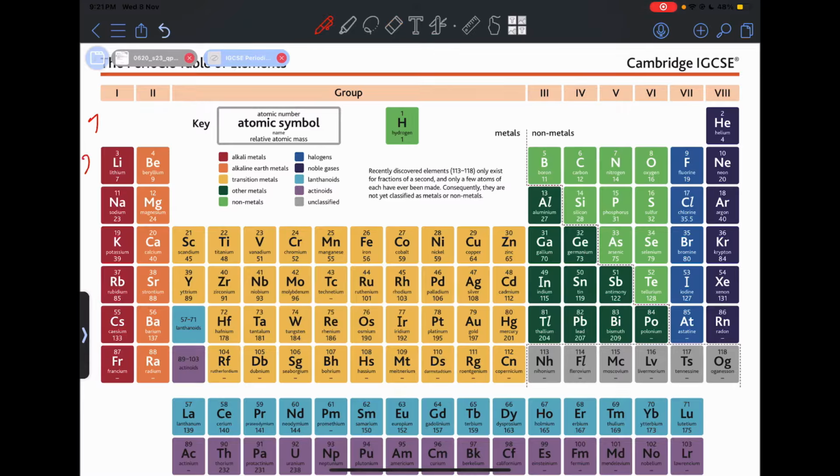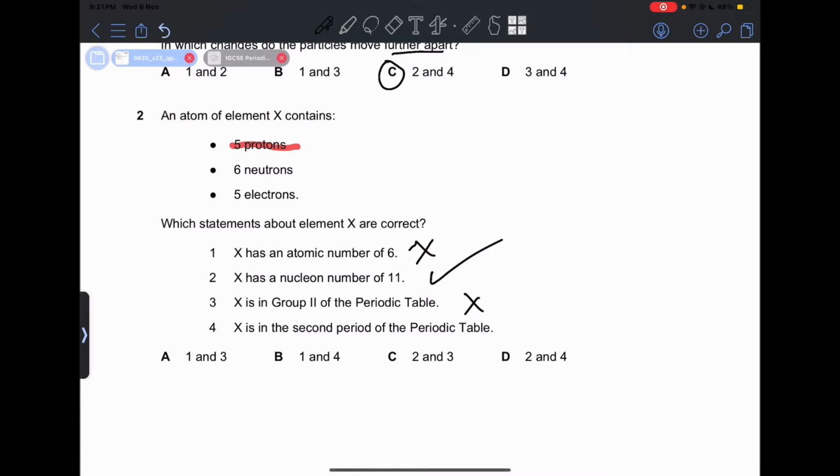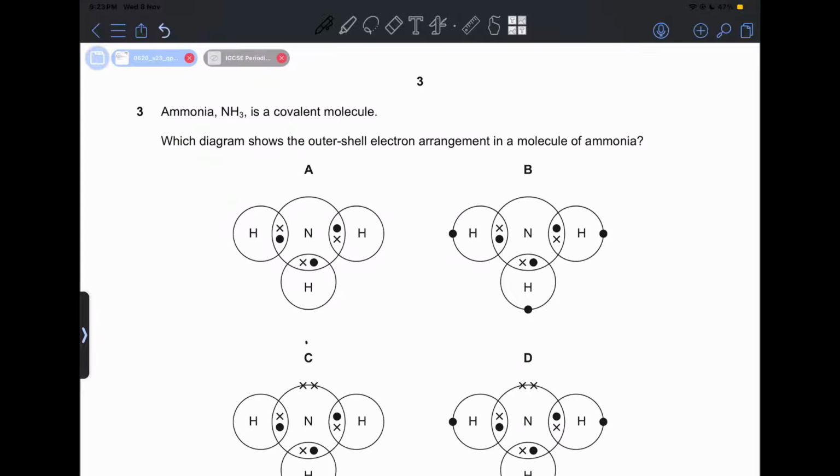And this is period 2, starting with the period that contains lithium. It goes like this, in this way. So yes, it is in period 2. So the statement is correct. So our answer is going to be D because this is number 2 and 4.